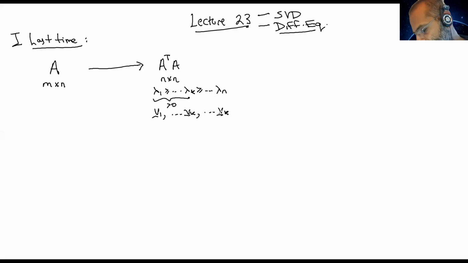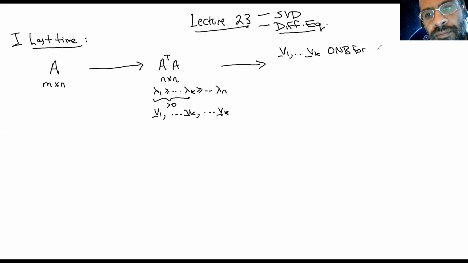And then we made an important observation: if you look at these non-zero eigenvectors, v1 through vk, they form a very special orthonormal basis for the row space.